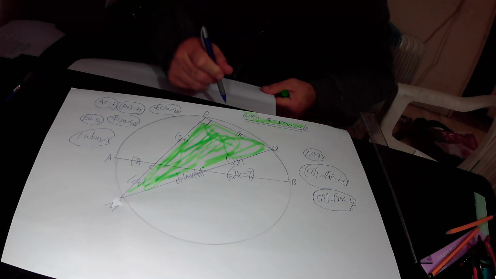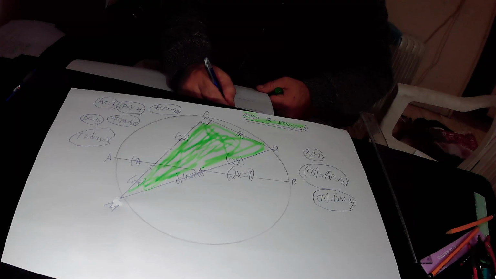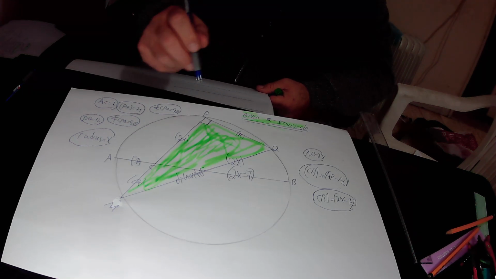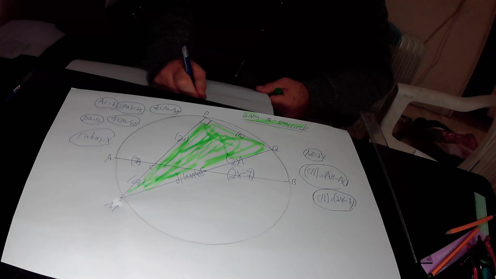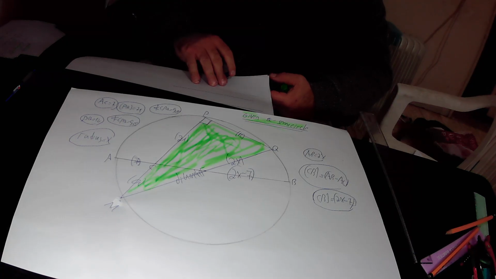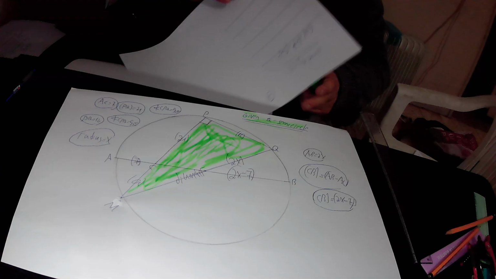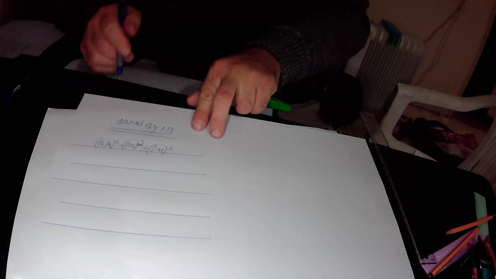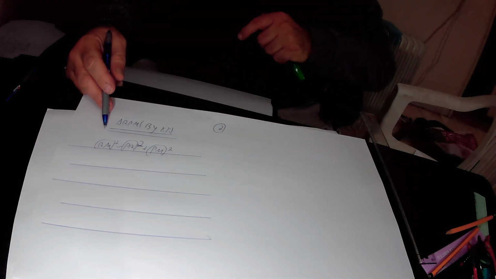So QM square, that is the square of the hypotenuse, is equal to PQ square plus PM square. And again, according to the Pythagoras theorem, on this grand triangle PQM, QM square, the square of the hypotenuse, equals PQ square plus PM square.